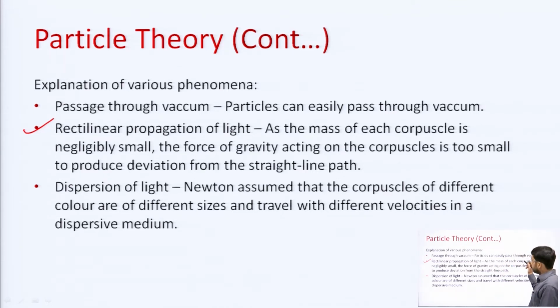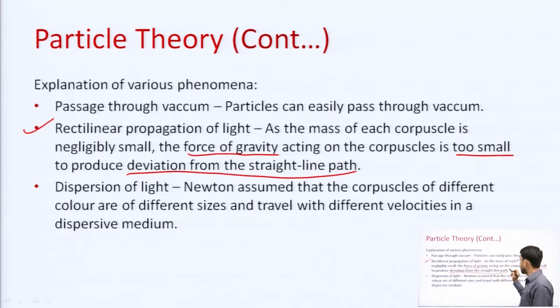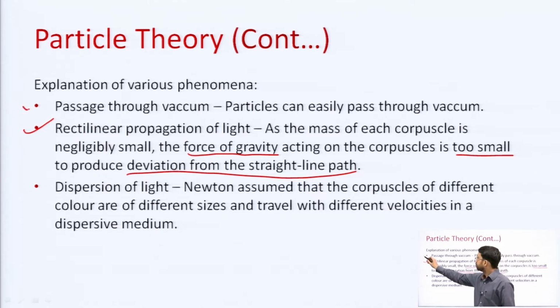So, as the mass of each corpuscle is negligibly small, the force of gravity acting on the corpuscles is too small to produce deviation from the straight line path, because the weight is negligible. So, even the force of gravitation does not work. The force that is acting is too small that it cannot deviate the light particles from their straight line path. Okay. This is how he explained rectilinear propagation and passage through vacuum.